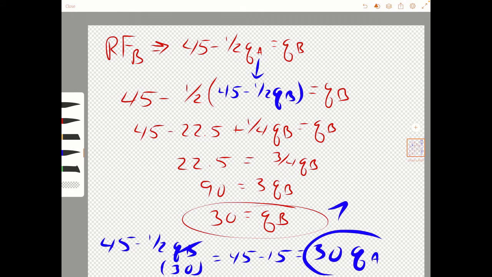Now we have our total market quantity, which is just these two numbers added up, which is 60. We put that 60 into our demand function, which was 100 minus Q, and the price is equal to 40.